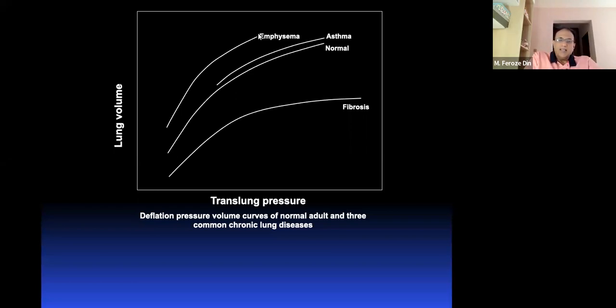In conditions such as emphysema, where alveoli coalesce and form larger cavities rather than the small alveoli, lung compliance actually increases. In asthma, the loop is simply occurring at a higher pressure, but the shape is almost the same as normal.